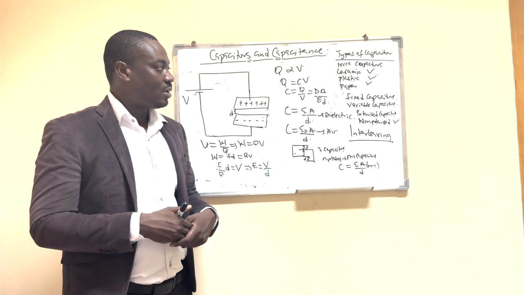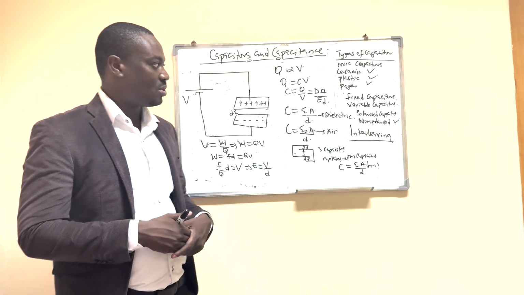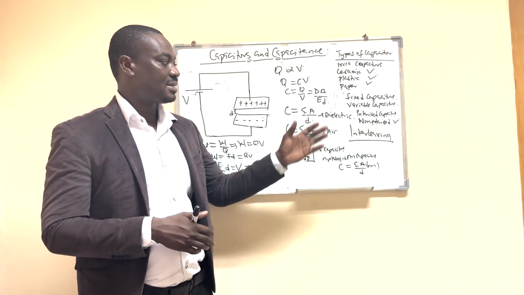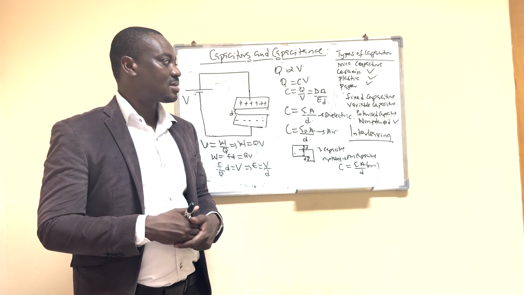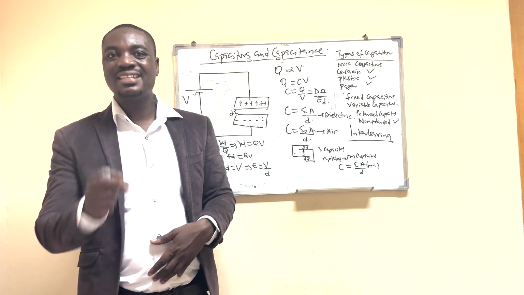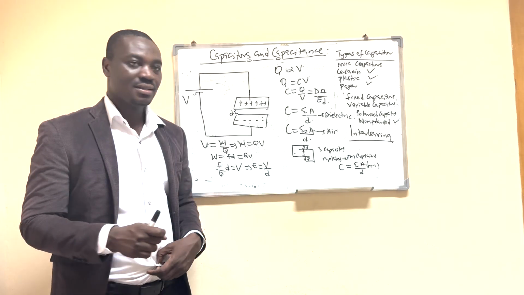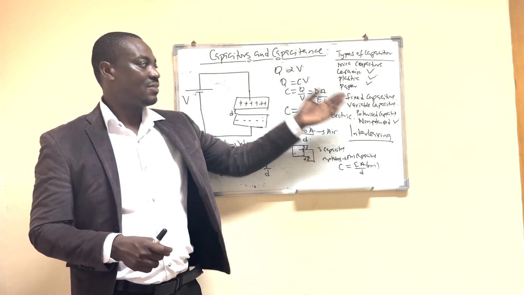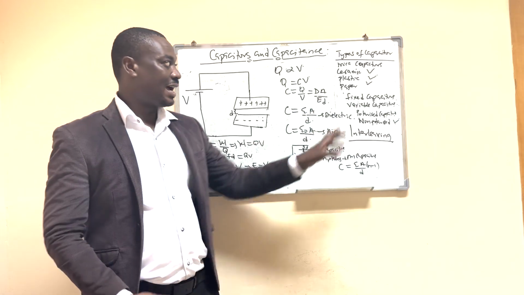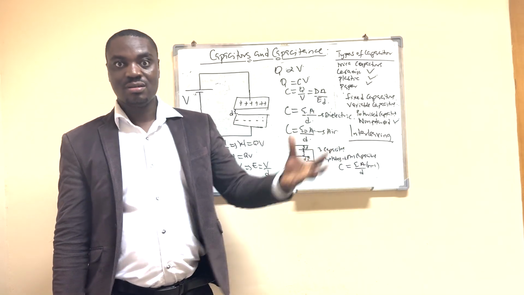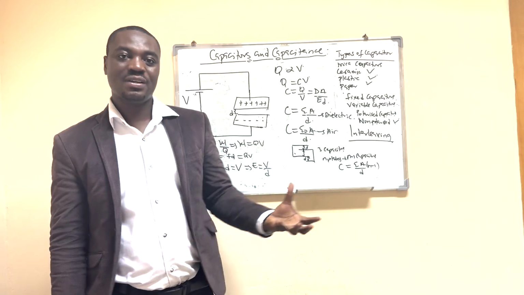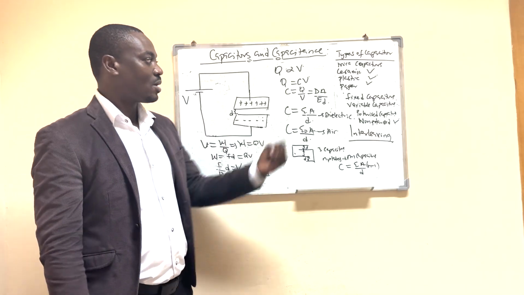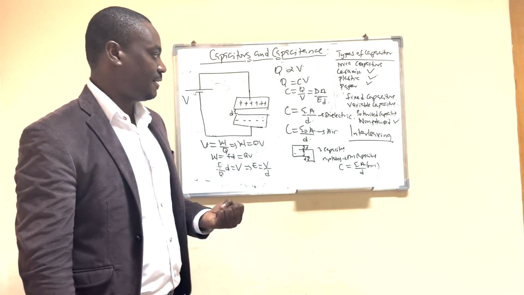Now, another way we tend to categorize capacitors is based on whether you can change the capacitance of the capacitor. So we have fixed capacitors and variable capacitors. That means you can have a fixed paper capacitor or a variable paper capacitor, right?